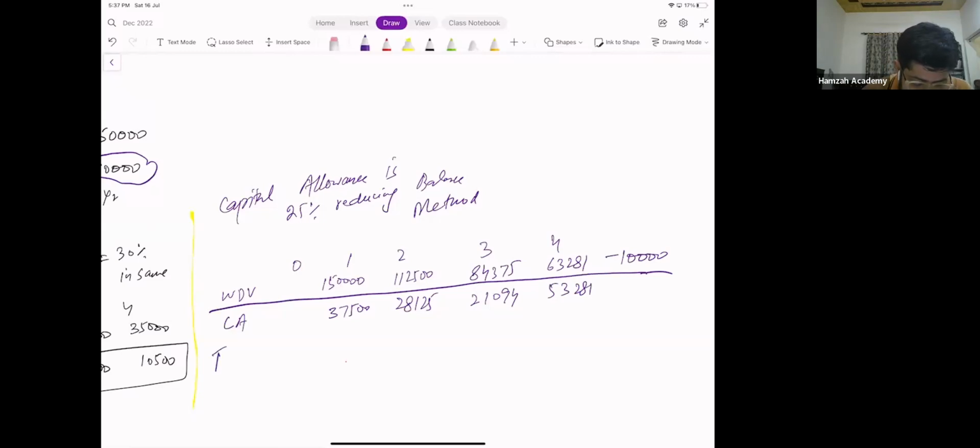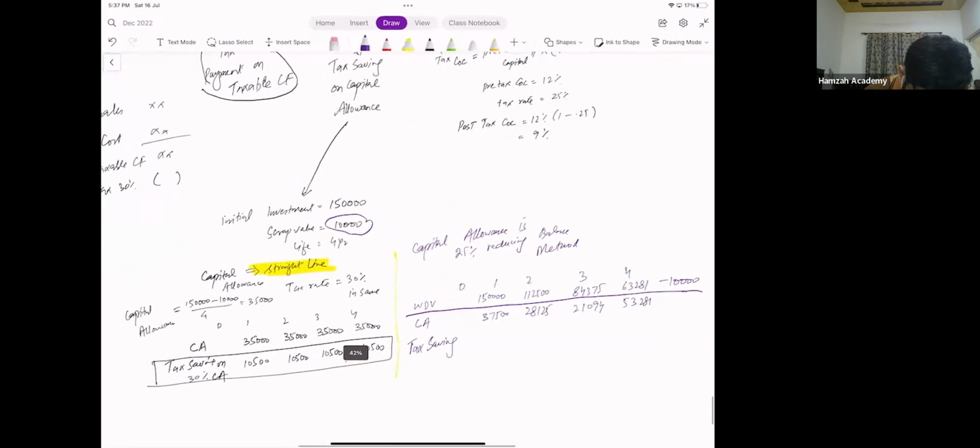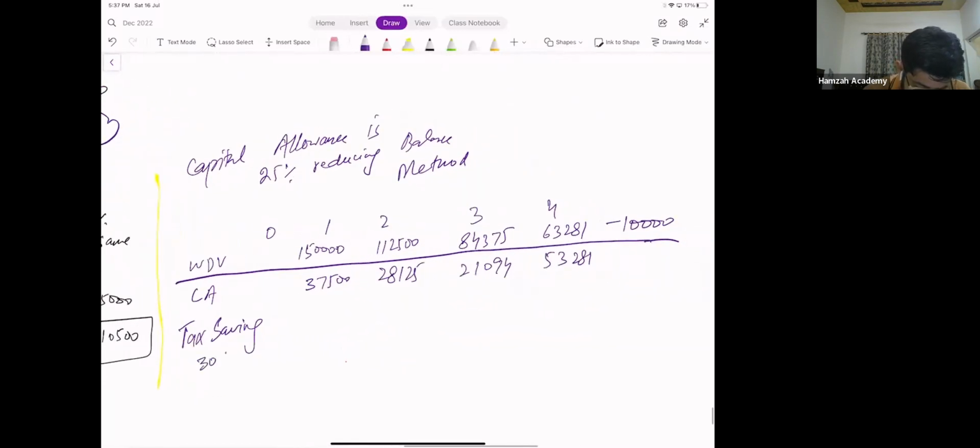And now the tax saving, that is 30% in the same year. 1,250 doubled, then 8,437, 6,328, 15,984.